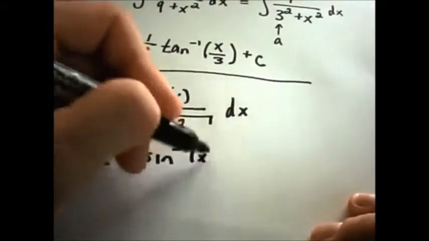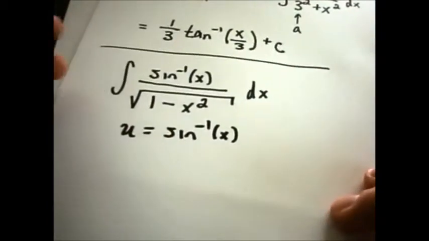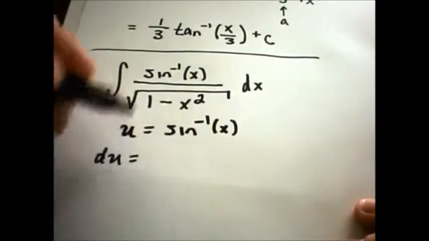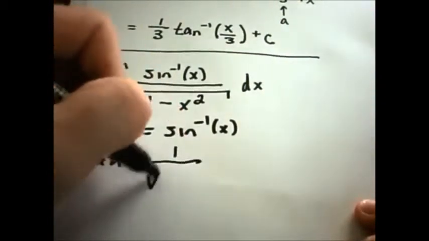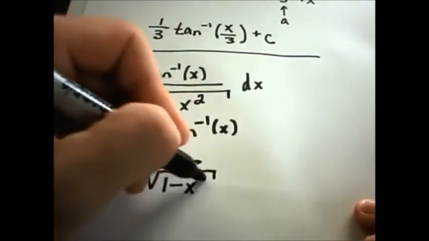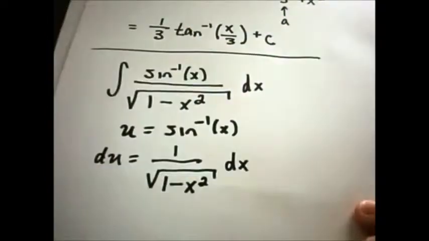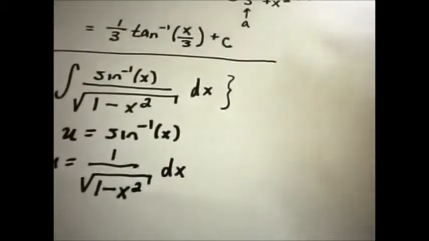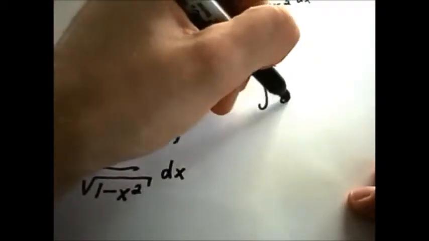Let's look at another. Suppose here we had to integrate arcsine of x over the square root of 1 minus x squared dx.